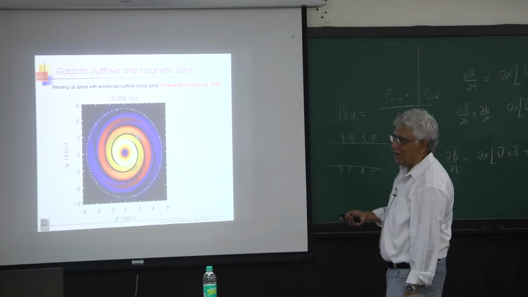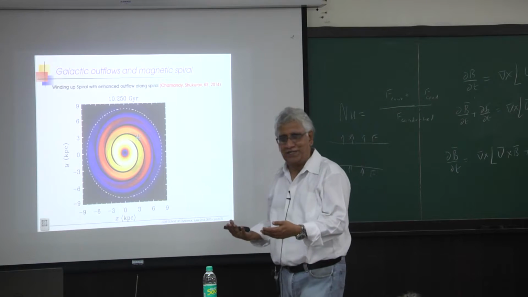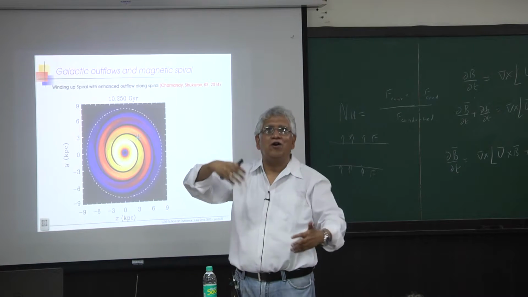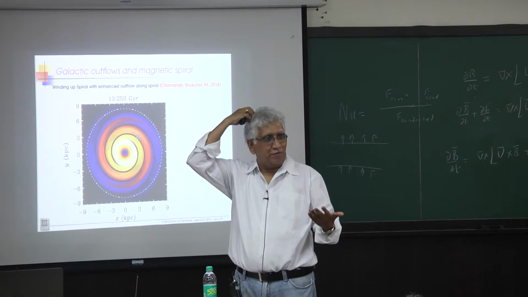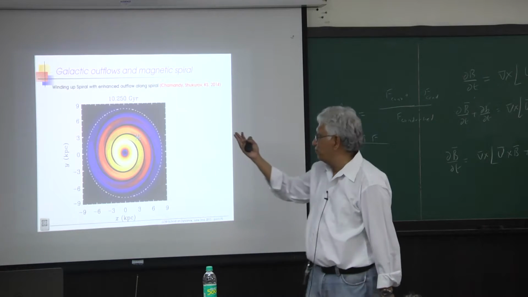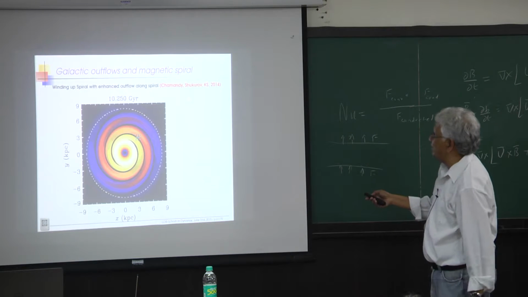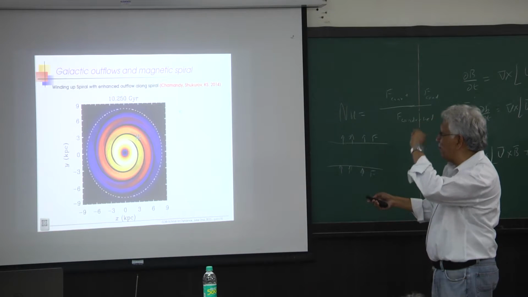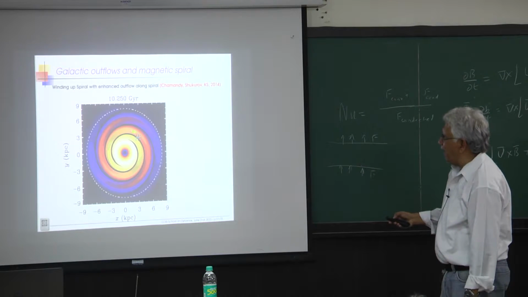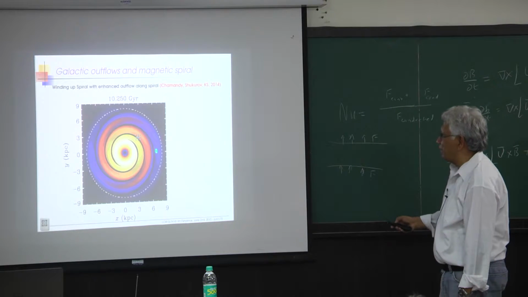I also remarked upon NGC 6946, which had these spiral arms which were uncorrelated with the optical arms. So you can ask, how do you explain such a thing? Luke Chamandi's thesis was on this, and finally we had an interesting model where this black line shows the position of the optical spiral.